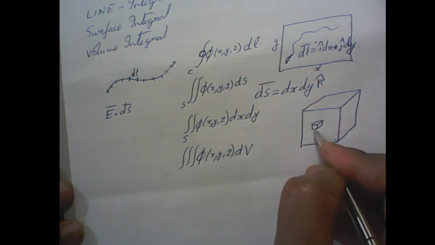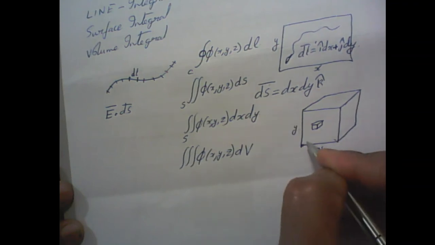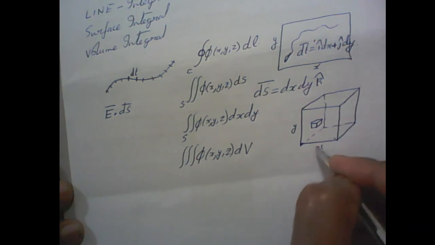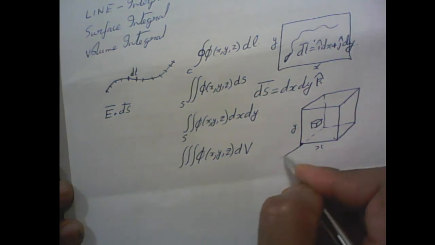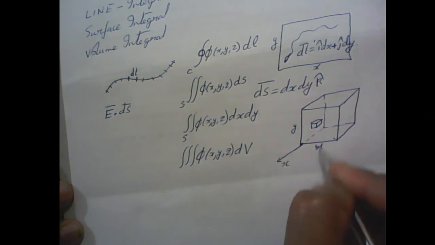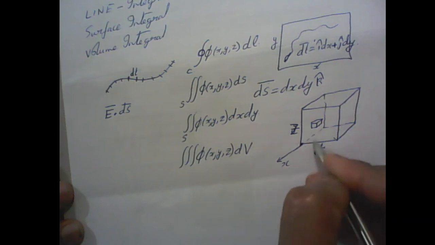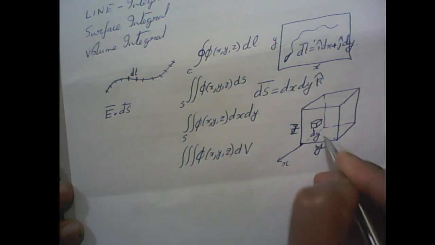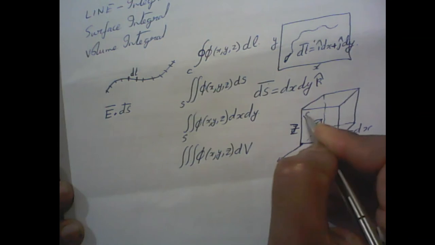Let this be x, let this be y, let's be consistent, and this is z. A small change along this is dy, this is dx, and this is dz.